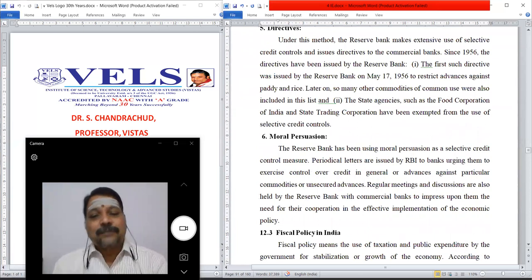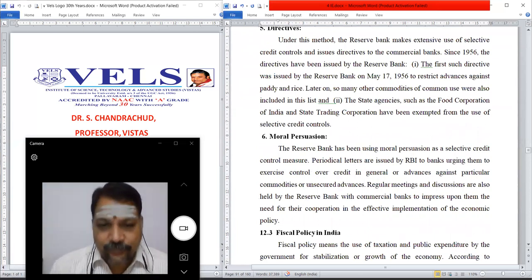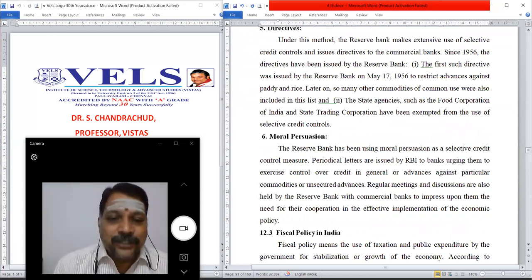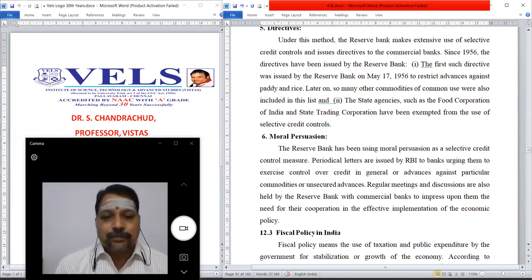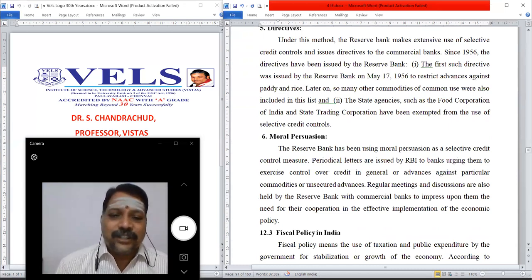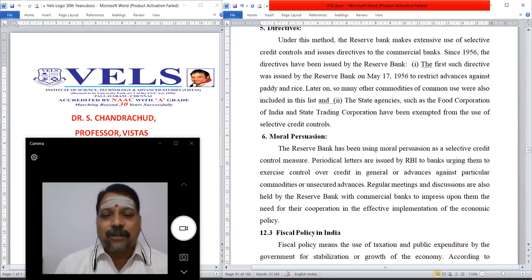The last one is moral suasion. The Reserve Bank has been using moral suasion as a selective credit control measure. Periodical letters are issued by the Reserve Bank of India to the banks, urging them to exercise control over credit in general or advances against particular commodities or unsecured advances.